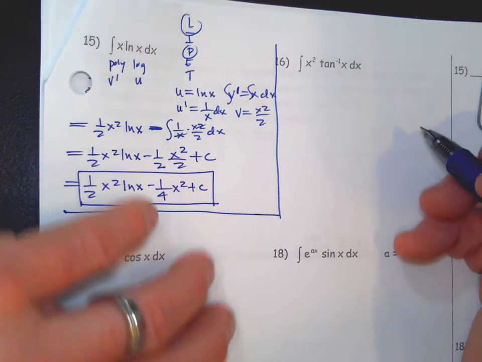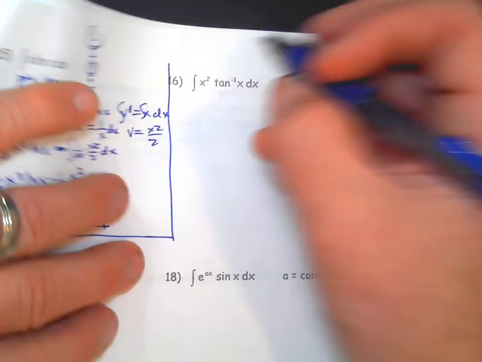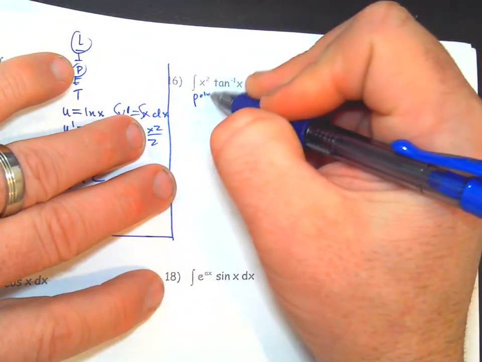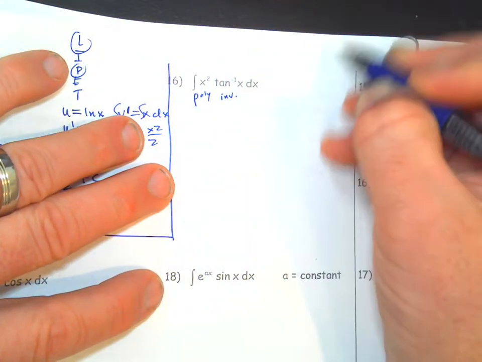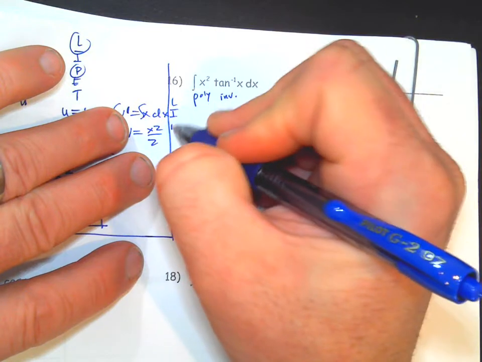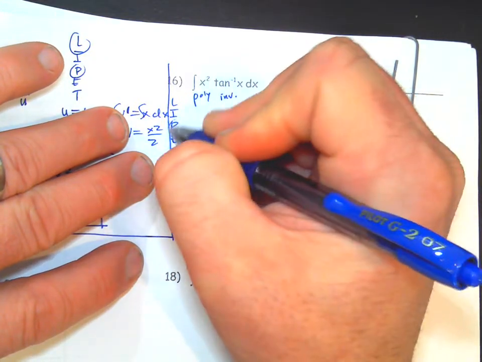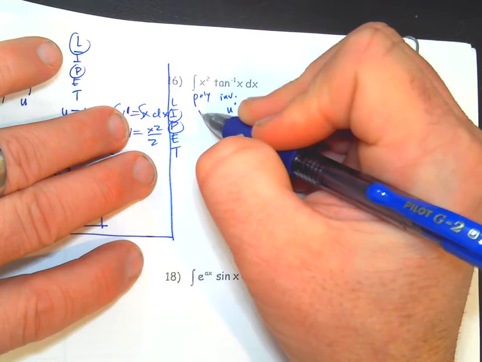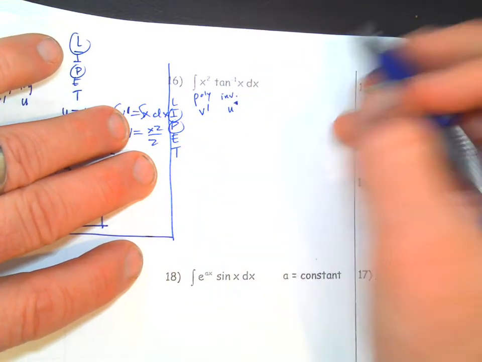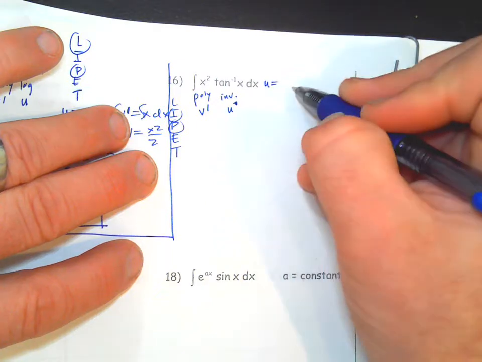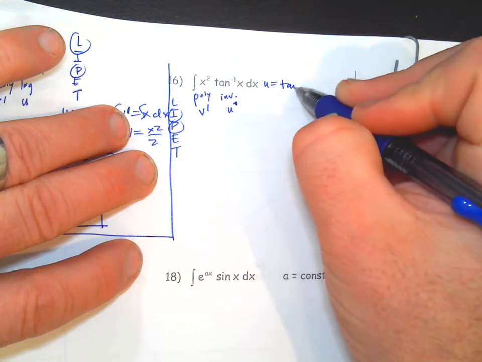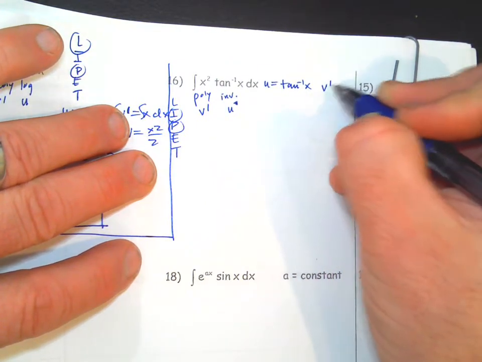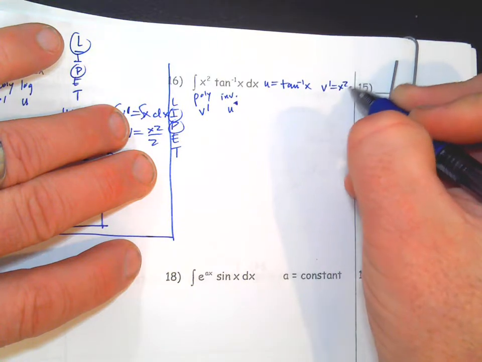Okay, next one. Can we integrate this any other way? I don't think so. We're going to try poly inverse trig. So LIPET. Poly inverse trig. So inverse trig has to be the u, and then the poly has to be the v prime. No shortcut. So u equals inverse tangent of x, v prime equals x squared dx.